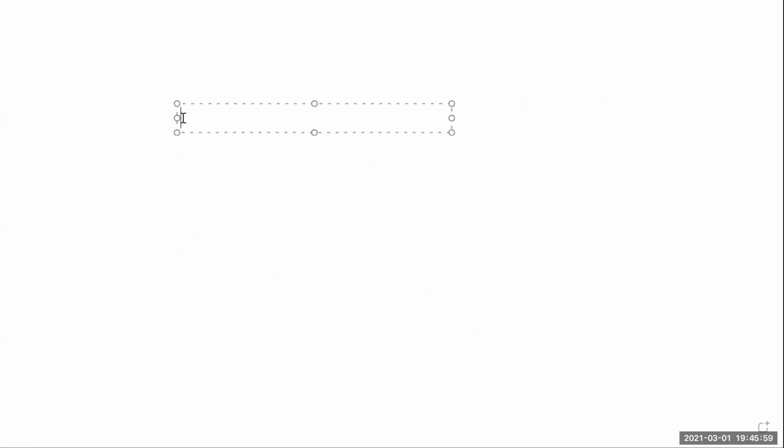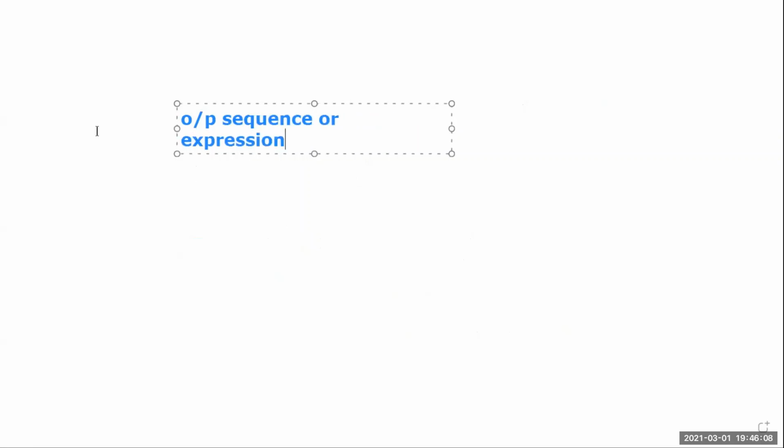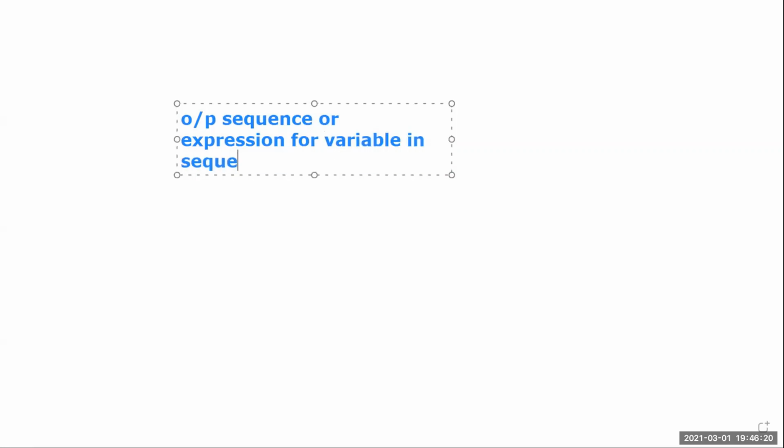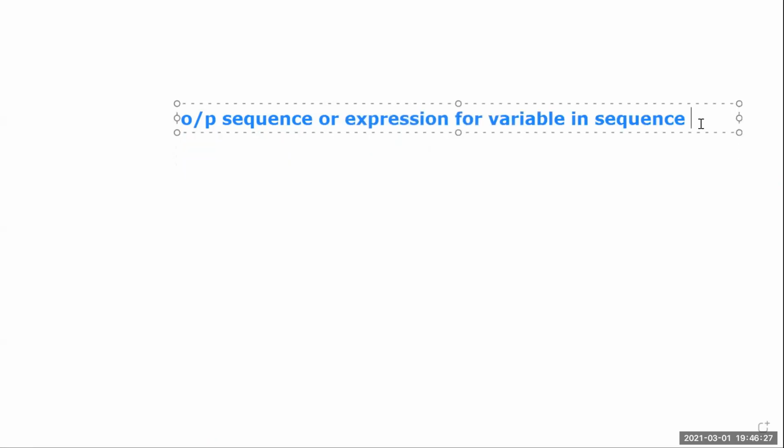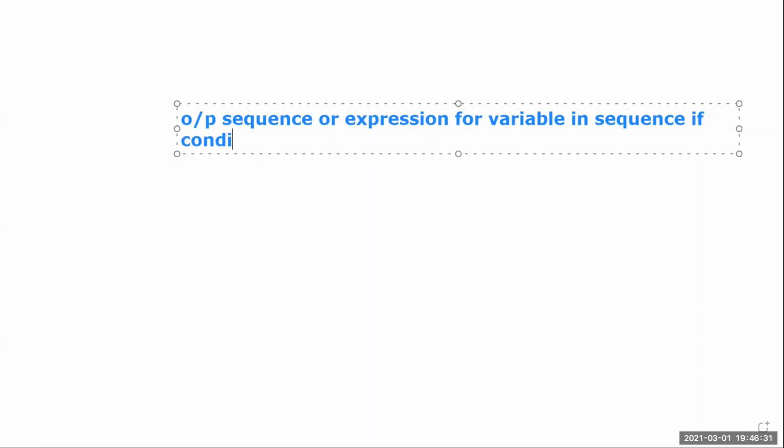Okay, so what is the syntax? Syntax is output sequence or any expression. Next, the keyword for, and next is variable in sequence, for variable in sequence, and then we have to specify some condition, if condition.